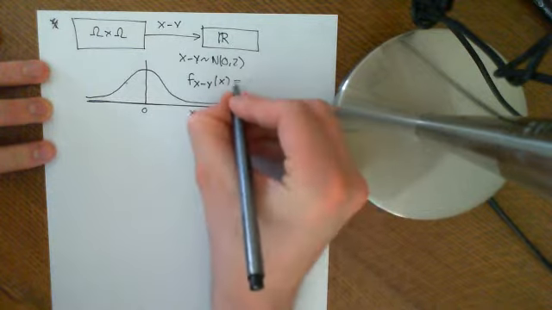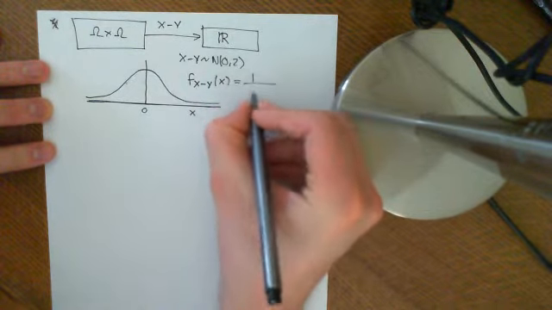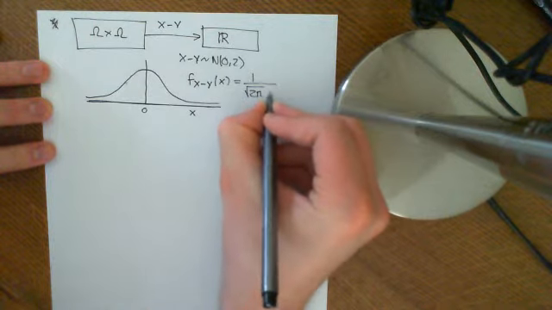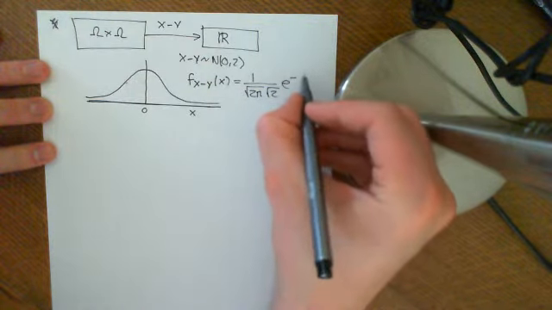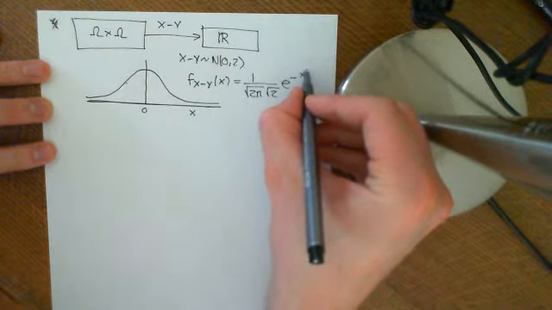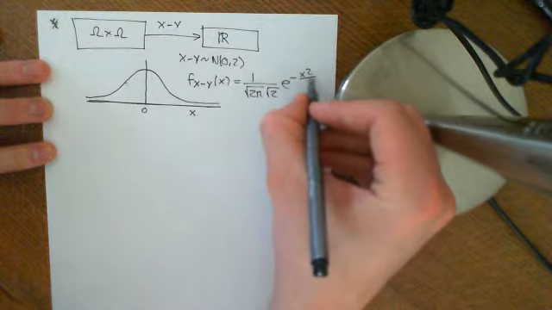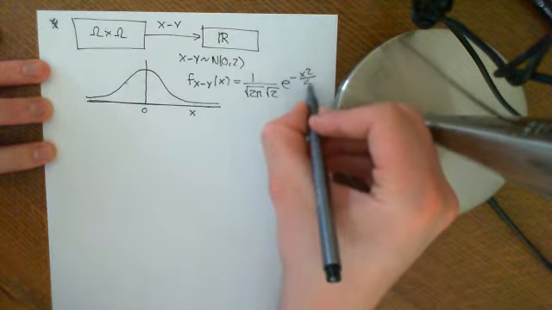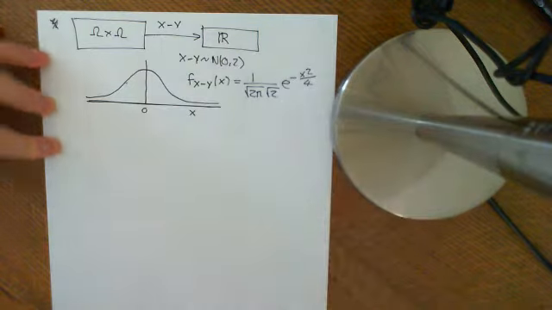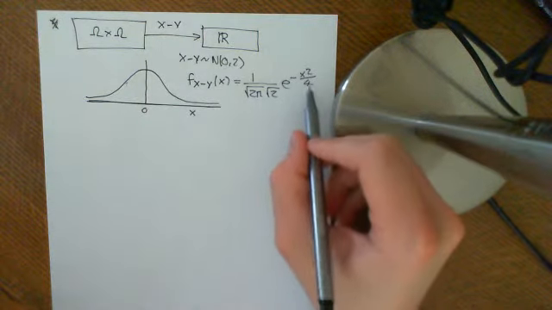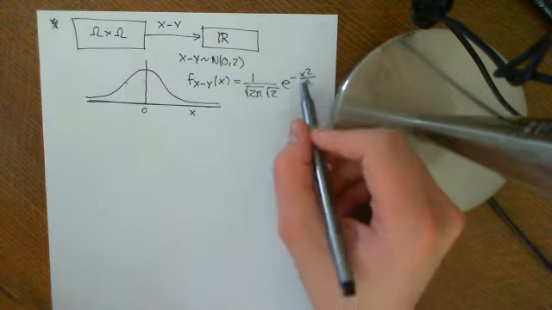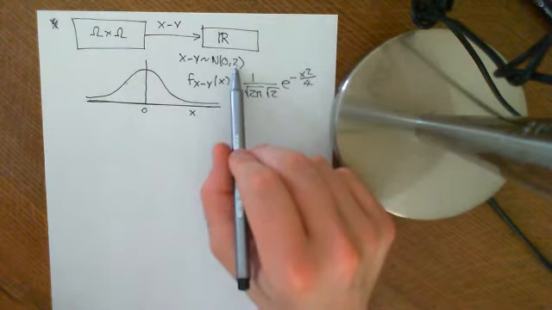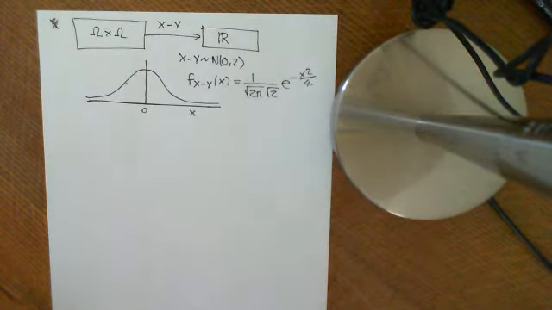Okay, so that's going to be equal to, remember the PDF of a general normal distribution is 1 over the square root of 2 pi times the standard deviation, so times the square root of 2, e to the negative x minus mu over sigma, so we get x squared over sigma squared, which is 2, so we'll get over 4, so we get negative x squared over 4 basically. One of the halves is from the original half in the standard normal distribution PDF, and the other half comes from dividing through by sigma squared, which is 2. Okay, so that's what we have.